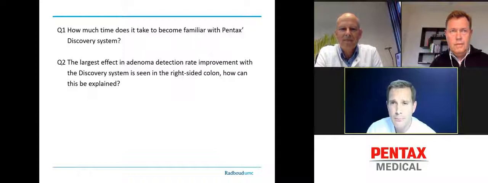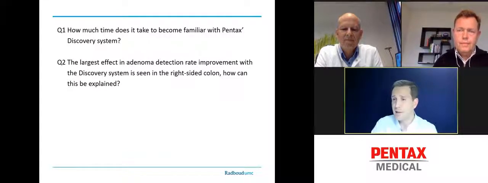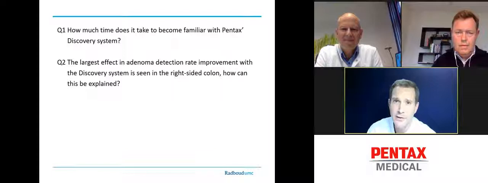So to me, it's very well possible that Discovery closes the loop here between miss rates that are associated with flat morphology, small lesions, a proximal location, and very sensitive detection with Discovery. So we'll see from further trials whether this really closes the loop and fills this so far unmet clinical need. If that holds true, it's really the missing piece in the puzzle, if you wish.